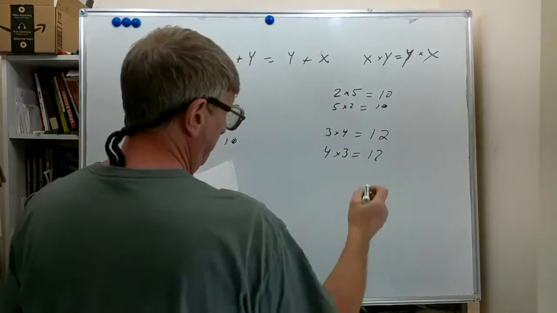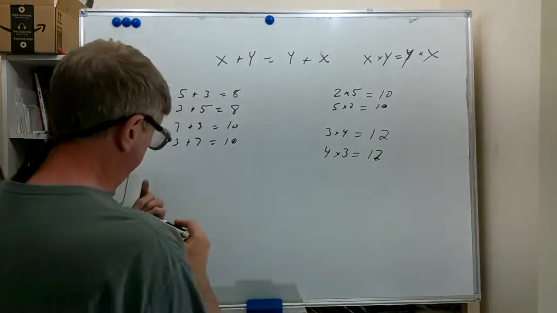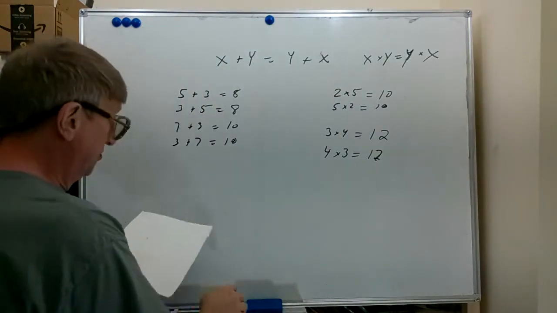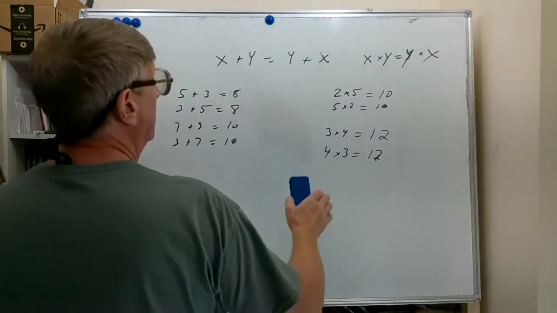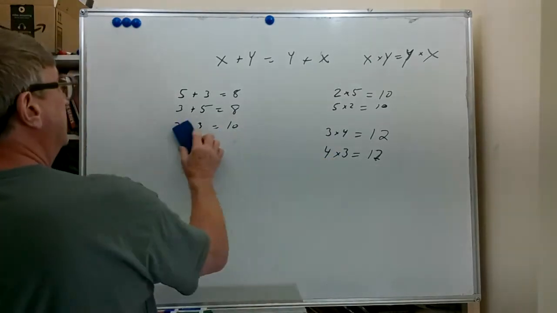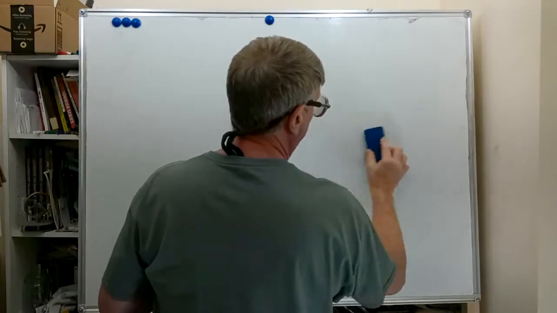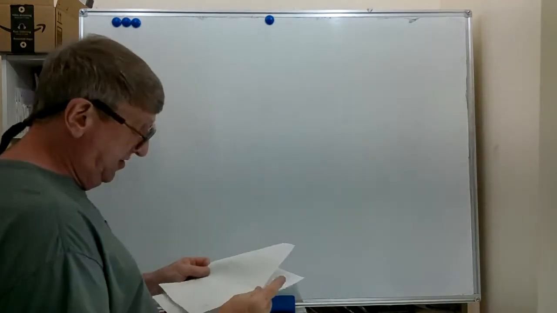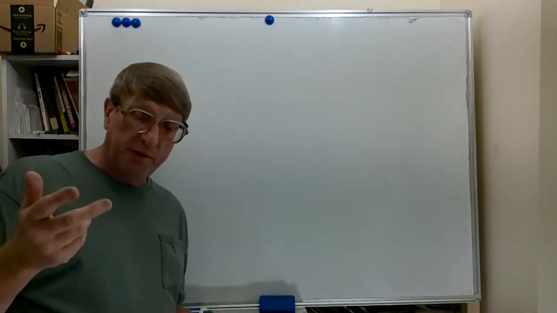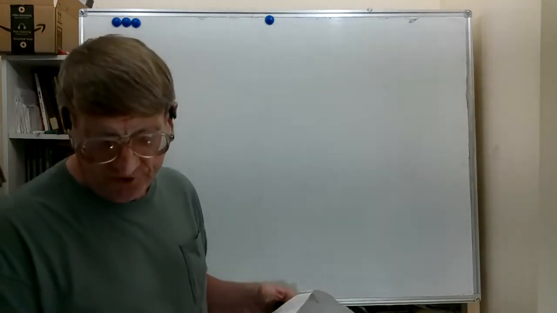So the commutative laws say that it doesn't matter which order you do your addition and multiplication. They are interchangeable in order. You get the same result whether you add or multiply one against the other or vice versa.